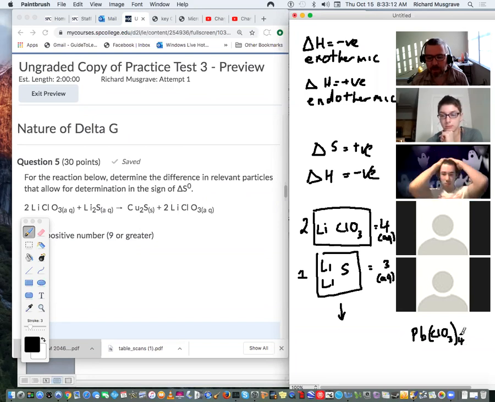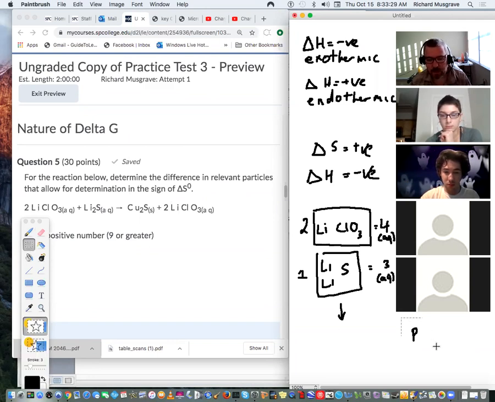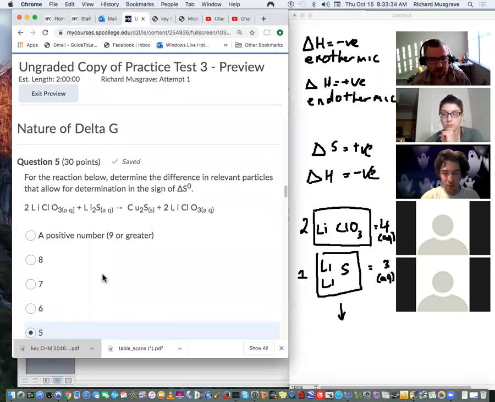Now that would tell you that there were 4 of these particles, or 4 ClO3s present in that diagram. That's something that sometimes people run afoul of.